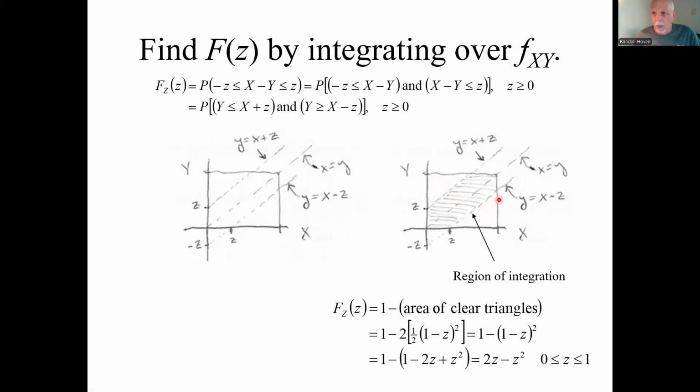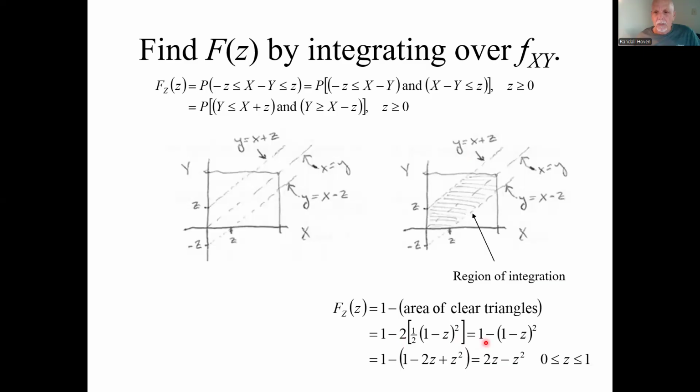Just nice little triangles. So it's 1/2 the base times height. And in each case, the base is the same as the height, which is 1 minus z. That's true for both the top triangle and the bottom triangle. Think through all this because I kind of went through it fast. Go ahead and pause your screen until you're convinced of all this.